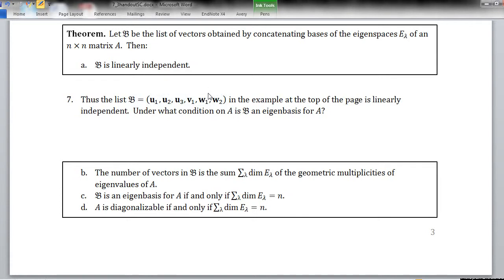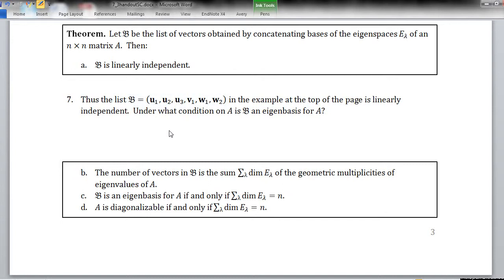Part A says that these are always linearly independent eigenvectors, but if they're going to be an eigenbasis, they have to be a basis of R^n, where n is the dimension of your matrix. If this is going to be a basis, then we better be in R^6, because there are only 6 vectors there.